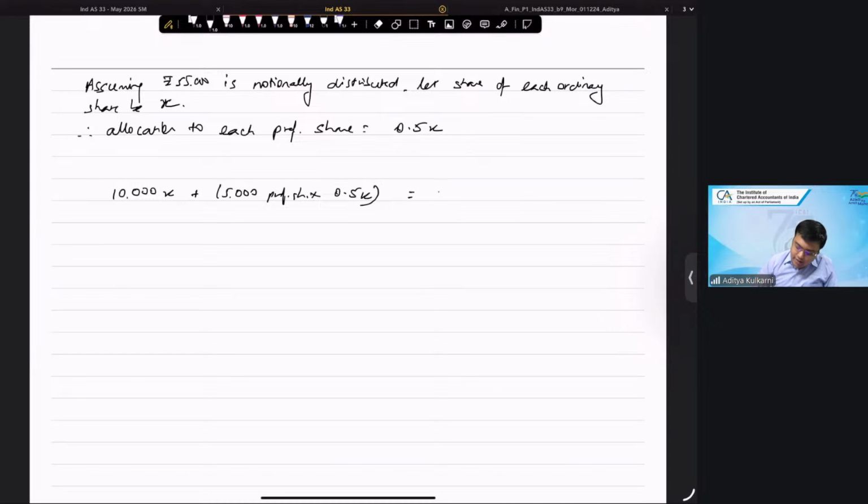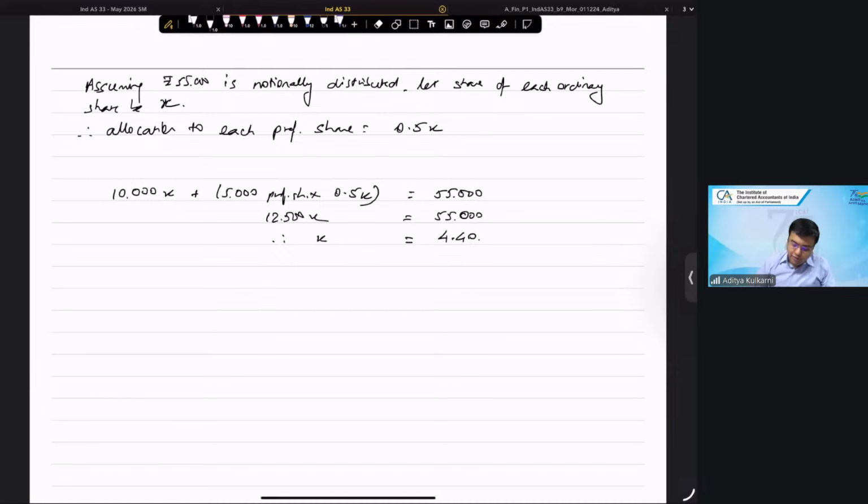Together this becomes equal to 55,000 rupees, the undistributed profits. So when I solve this, I get 12,500x is equal to 55,000. Therefore, x is equal to 4.4. So obviously preference share will be 2.2.